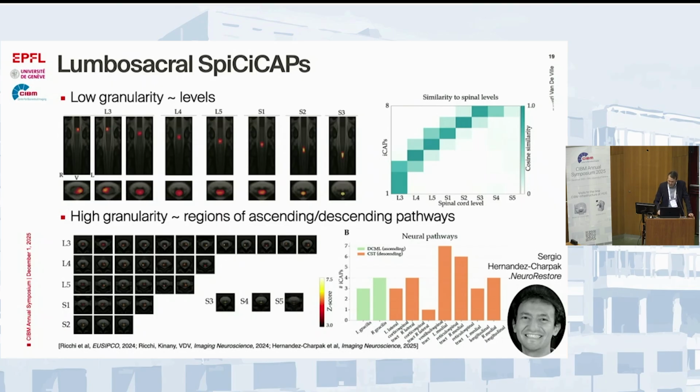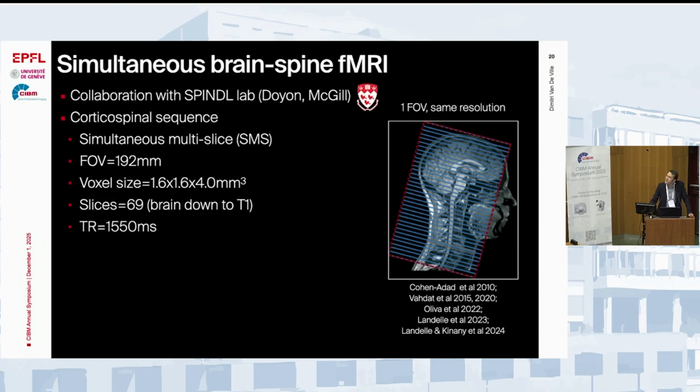Now, of course, spinal cord is great, but we miss the brain. And that's why, thanks to a collaboration with McGill, the lab of Julien Doyon, we were able to get a very promising corticospinal sequence, which is proposing a big field of view where you can combine both the coverage of the brain with the cervical spinal cord, and actually everything in between.